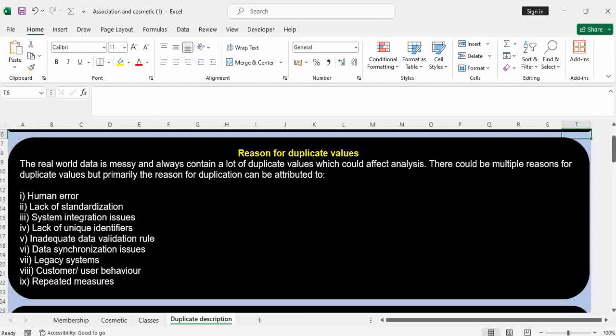Lack of unique identifiers. If you have not decided on which identifiers to use, this can lead to duplication. For example, I can open an account with my national ID. If I'm in the army, again I'm allowed to open my account with a service number.